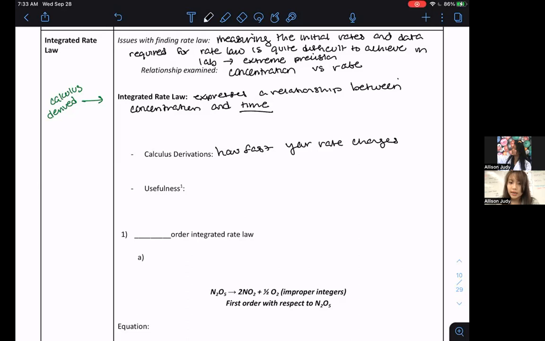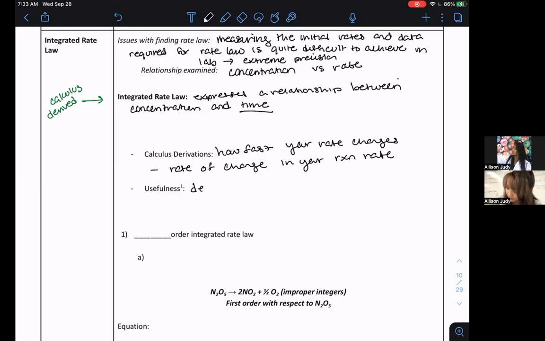Another way of saying it is, this is the whole thing with integration: it's the rate of change in your reaction rate. So that's what the derivations allowed us to do, allowing us to make a direct relationship between concentration and time.